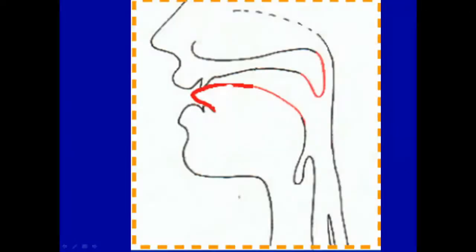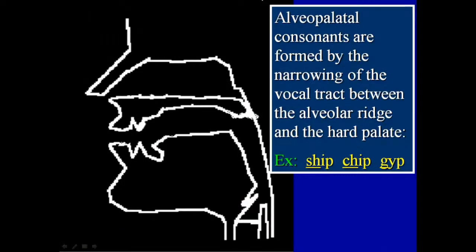Now, another category of sounds that we call interdental consonants, such as th and th. These two sounds are produced by putting the tip of the tongue between our teeth, both the lower and the upper teeth. Alveolo-palatal consonants, or in some books, they are called palato-alveolar consonants.